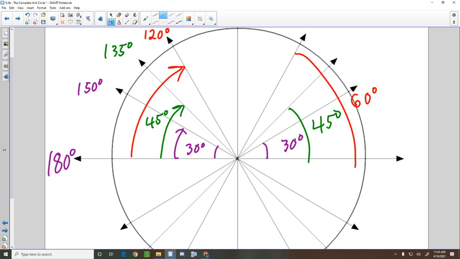And so every one of these, in every quadrant, they're going to have those same three reference angles. That's just a different way of thinking about it. Instead of doing the 30, 15, 15, 30 pattern, both are going to get you the same values. So if you go to quadrant 3, same idea, but instead of going backwards, you're going forwards 30 degrees. So you'd take 180 plus 30, and you get 210, and so forth.